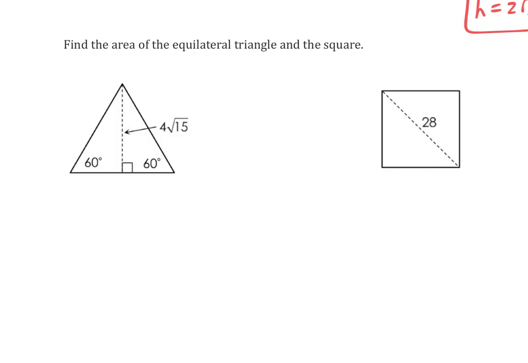So the first one here. If I were to redraw this triangle, here's my 60, here's my 30. This is 4 radical 15.